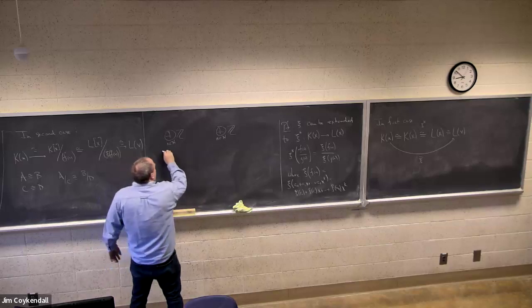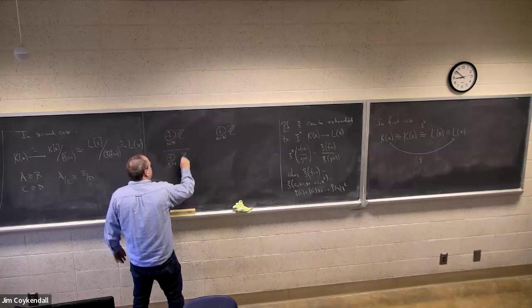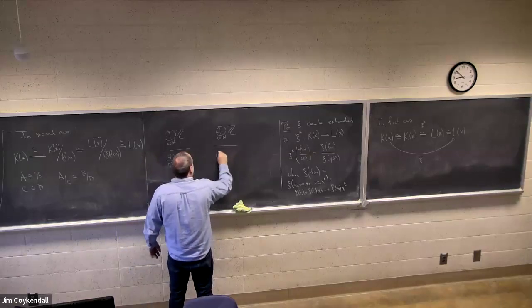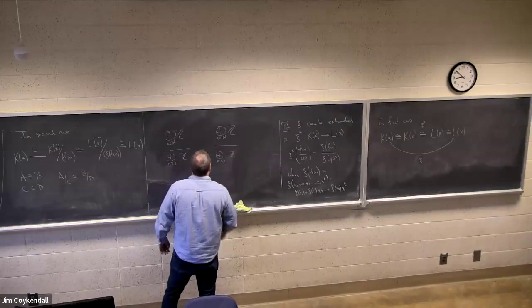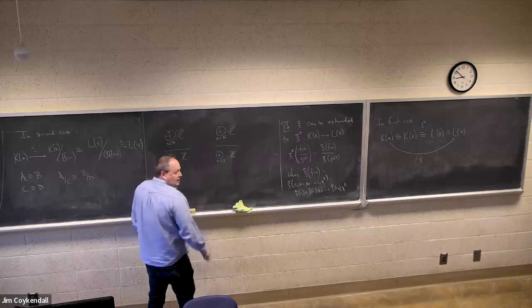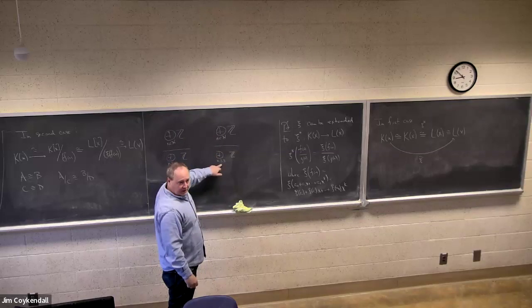What you can do is mod out by, you can kind of shift them over. These two are isomorphic and these two are isomorphic, right?